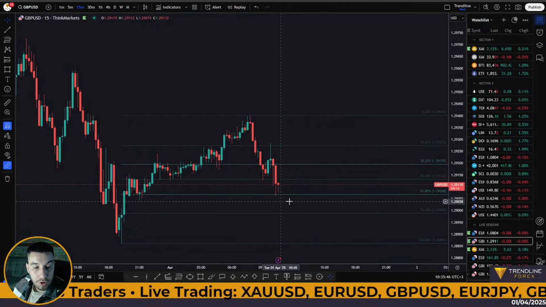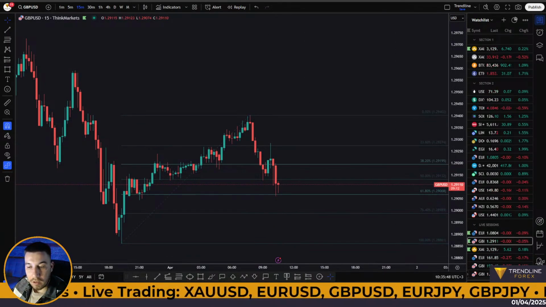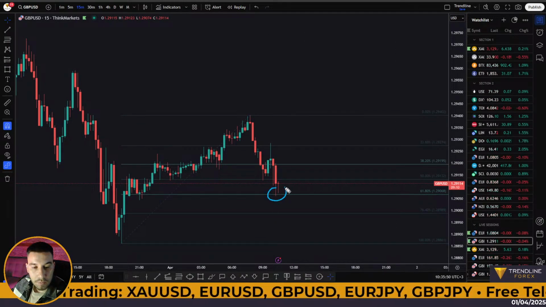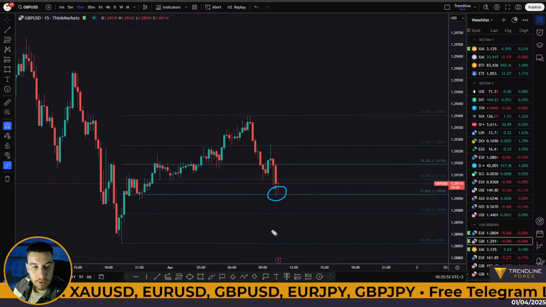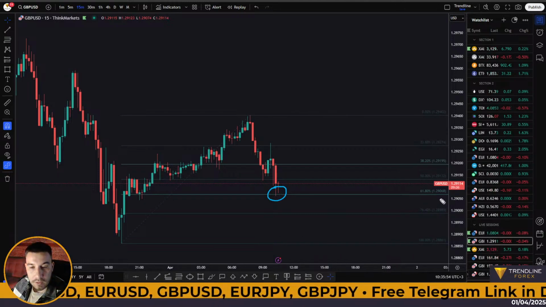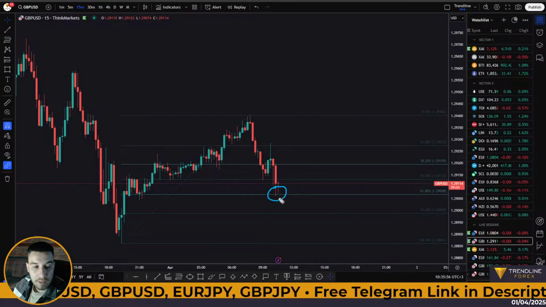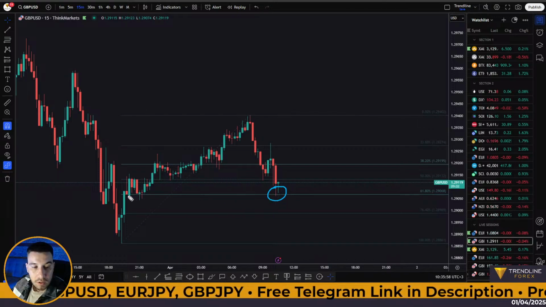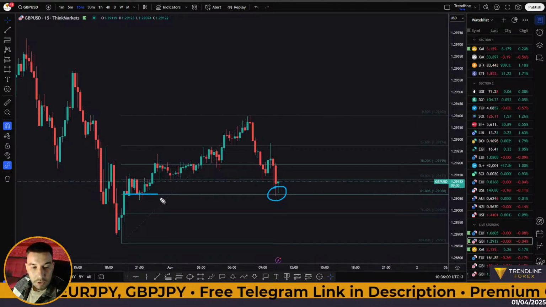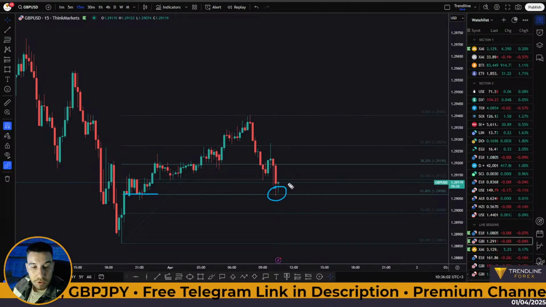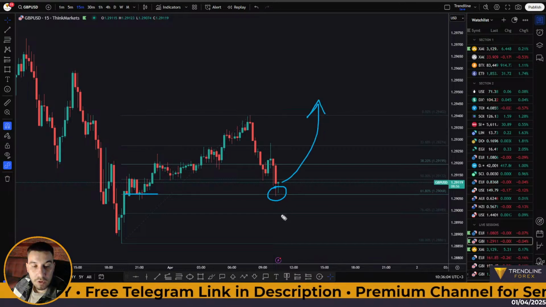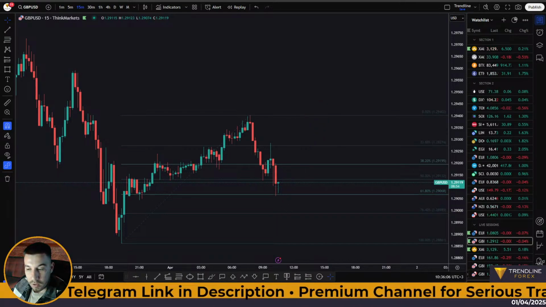So what do we have? We currently have the 61.8 here on pound dollar. That's a perfect test of that. 1.2907 is the level. We also have this previous minor structure. So we could potentially see the next bullish move from current price levels.